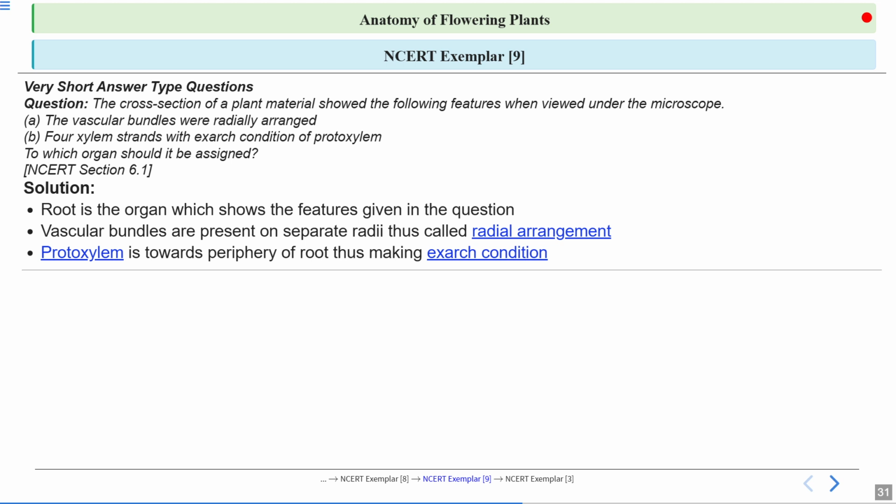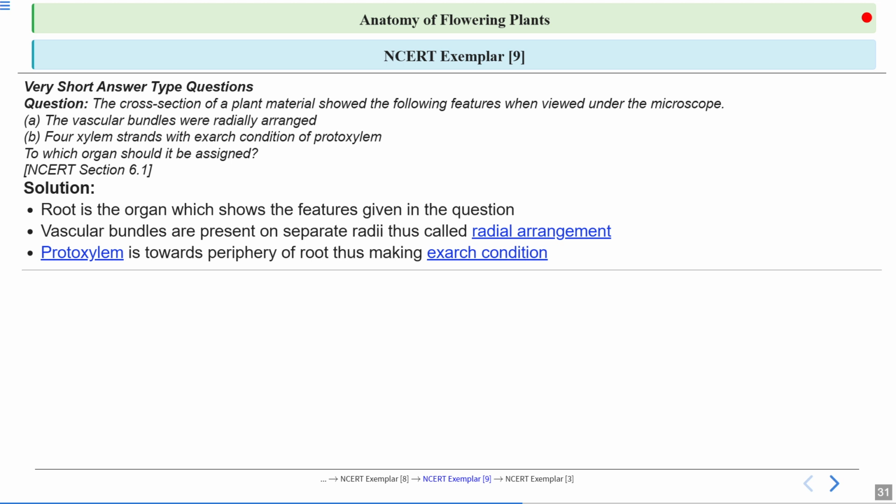It is called endarch if the metaxylem is toward the periphery, right? So dicot root is the correct answer, because features A and B mentioned in the question belong to the dicot root.